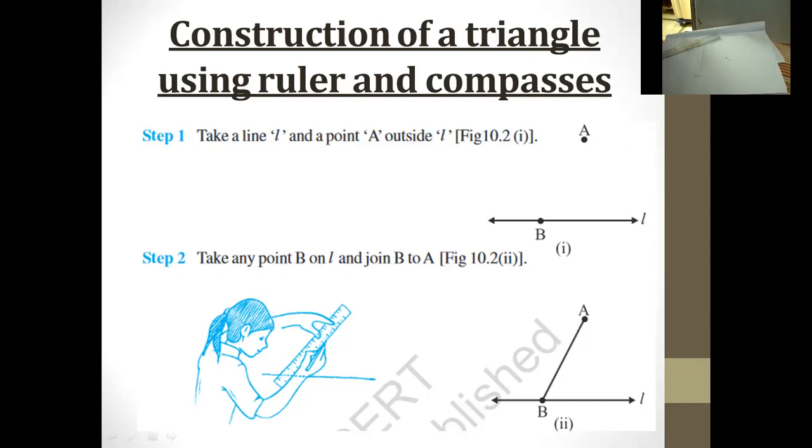The next step is take any point B on line L, then join B to A. So we would be taking any point B randomly, joining A with point B over here. Okay. Then what you can observe here.